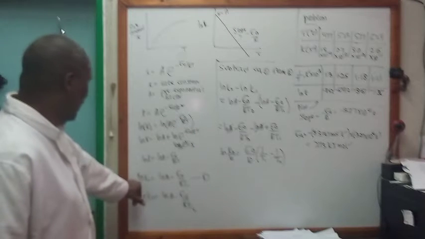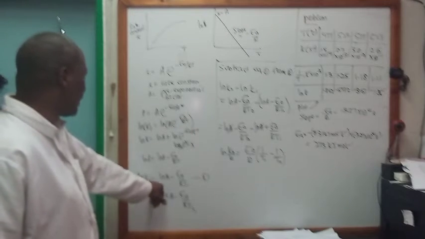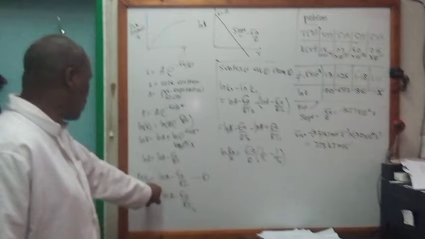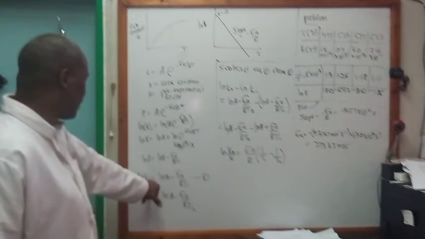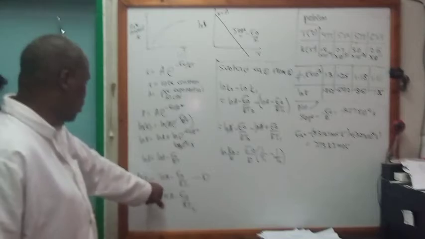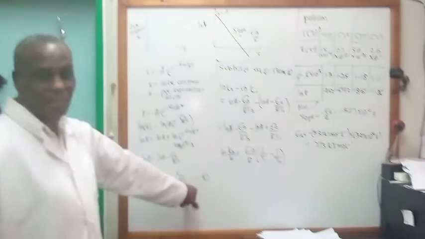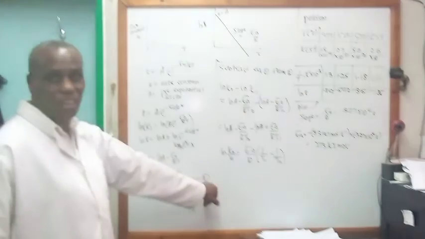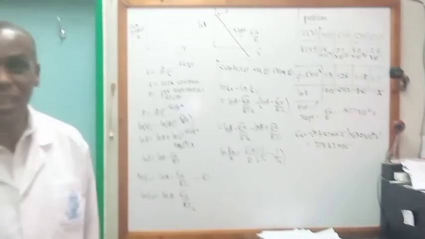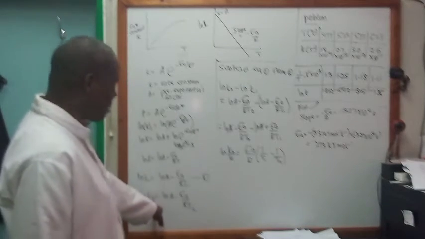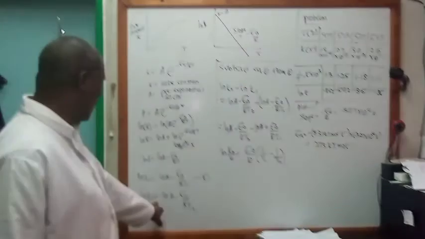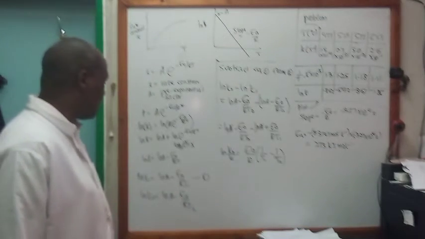So the rate constant at the lower temperature is going to be given by this. The only things varying here will be rate constant 1 and temperature 1. So this equation I'm going to call equation 1. Can you see why? And then at temperature 2, I'll have a second rate constant and temperature 2.